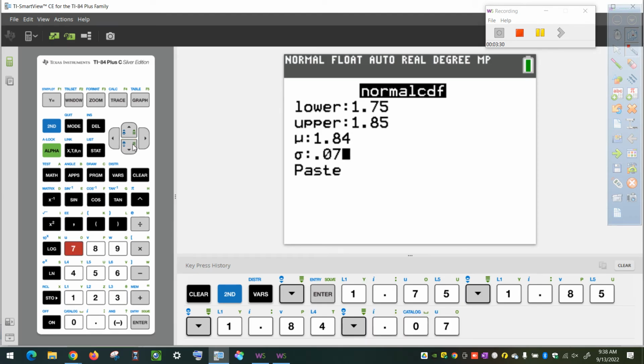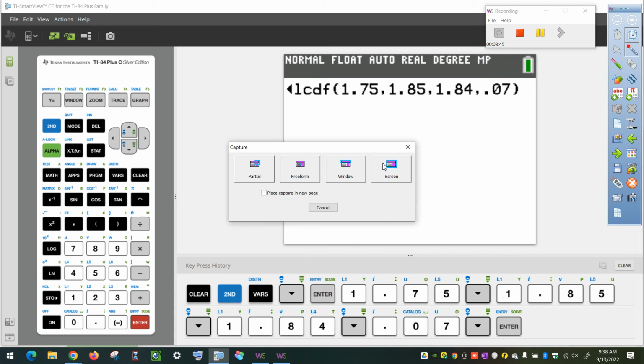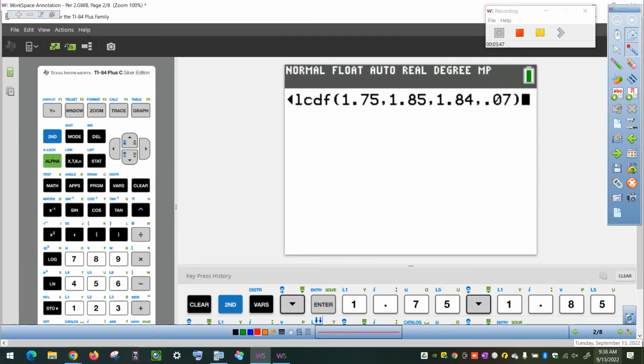Okay, now, if you had the TI-83, you are going to match your screen right now to look like mine. So it is not going to give you those options with the labels, but it is going to bring the command of normal CDF to your home screen, and then in parentheses, you are going to fill in the same pieces in the order that you see here.